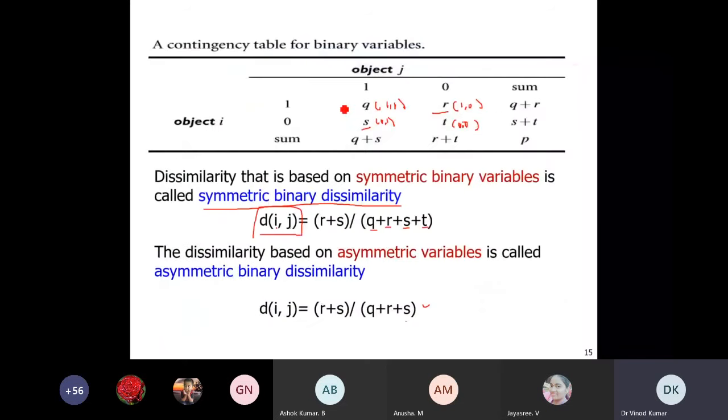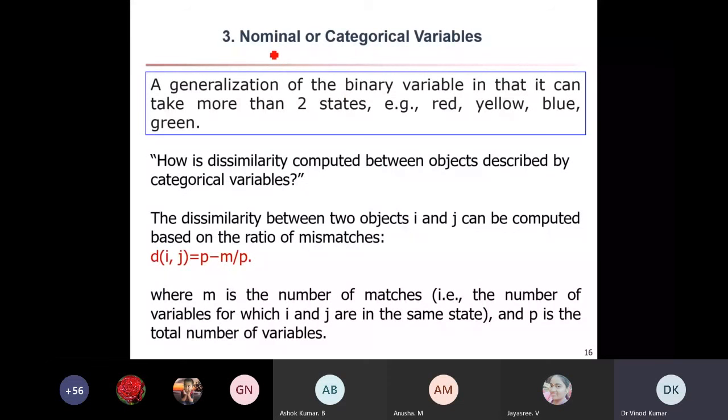Okay, next one is the nominal or categorical variables. I think in your Weka tool you have designed some data sets, right? You are aware of nominal or categorical variables. Nominal, or synonymously sometimes categorical, is not a numerical value, but it will have some discrete, labeled values. It is a generalization of the binary variable in that it can take more than 2 states.